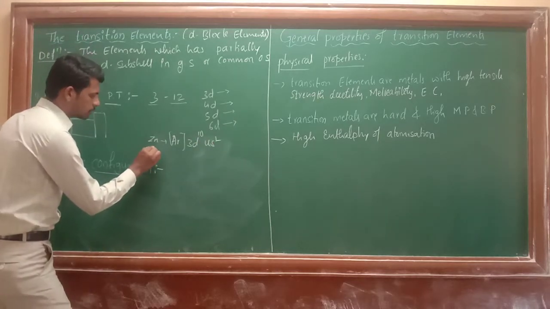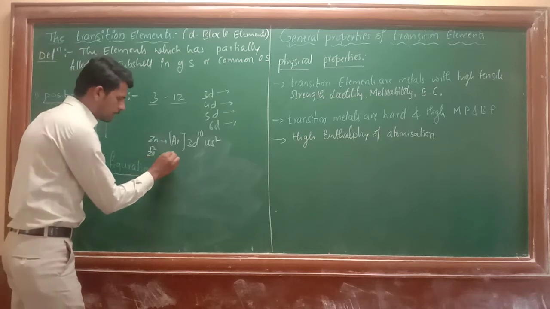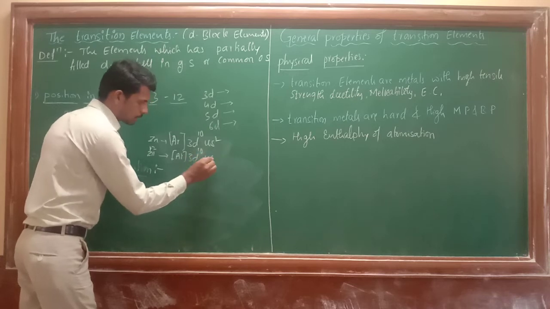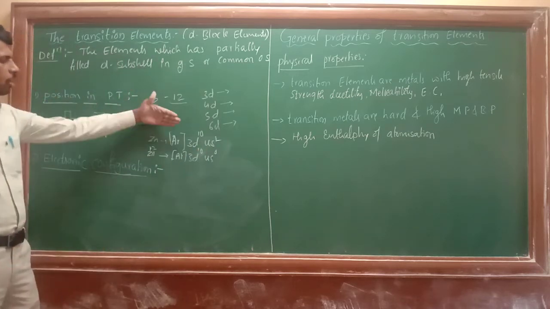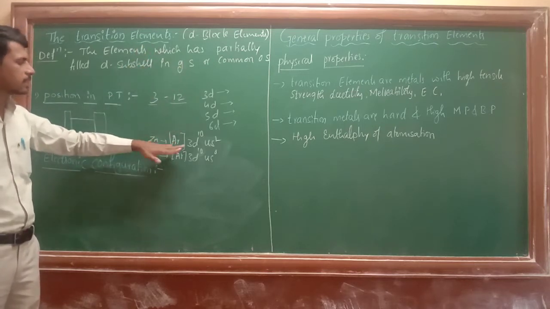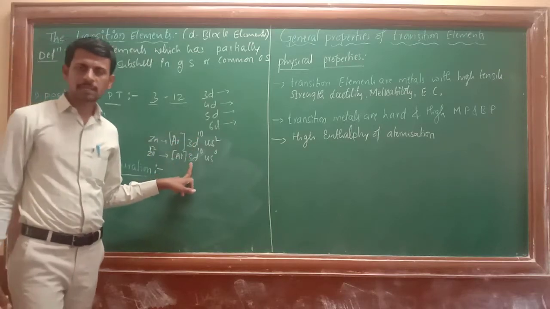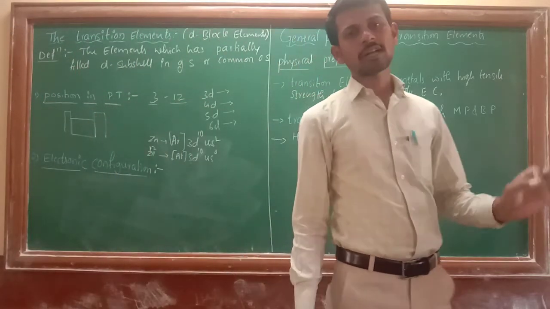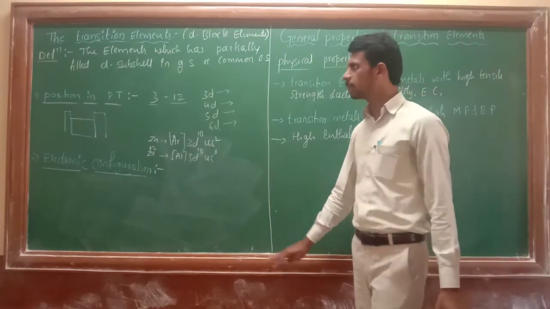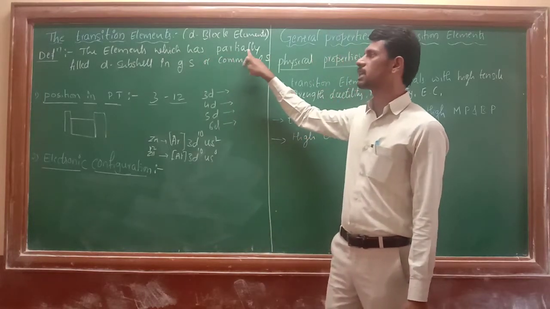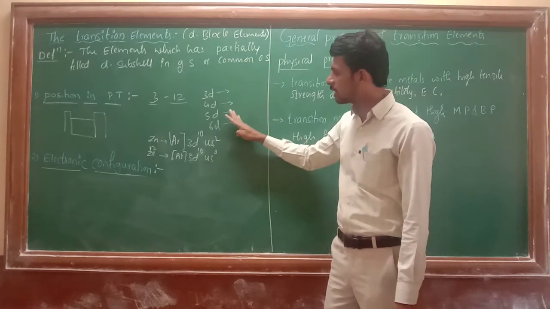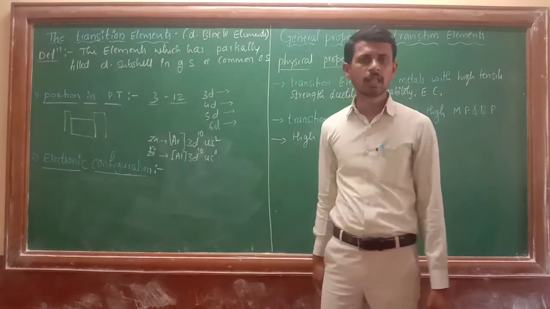Its common oxidation state is Zn+2, with the electronic configuration argon 3d10 4s0. Therefore, in both the ground state and the common oxidation state, zinc has completely filled d subshells. So zinc is not a d block element or transition element, because according to our definition, only elements with partially filled d subshells in the ground state or common oxidation state are called transition elements or d block elements.